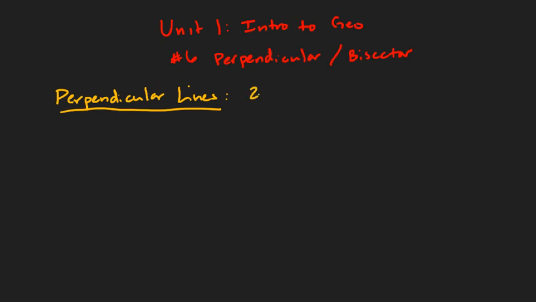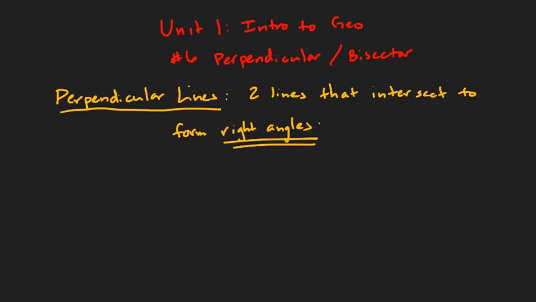Perpendicular lines are two lines that intersect, yes, that intersect to form right angles. And again, so important, right angles. And hopefully you remember from the right angles video that a right angle is 90 degrees.